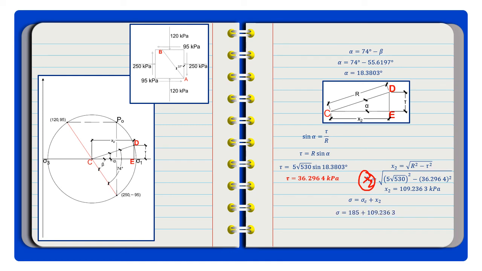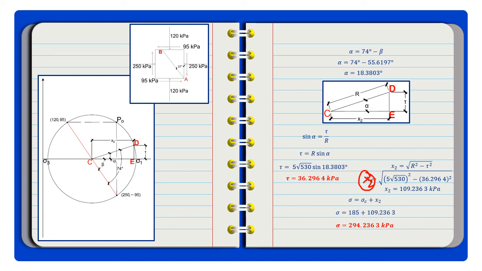So, 185, which is the center or the abscissa of our center, plus 109.2363. Then we calculate, we now have 294.2363 kilopascal. Now, na-determine na natin yung shear stress on plane AB and lahat ng required properties dun sa Mohr's circle natin.